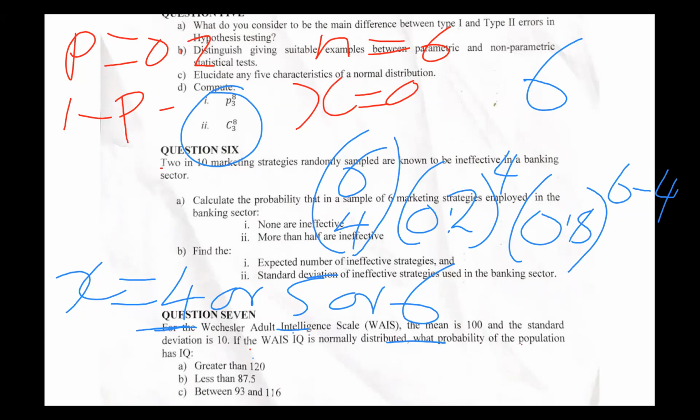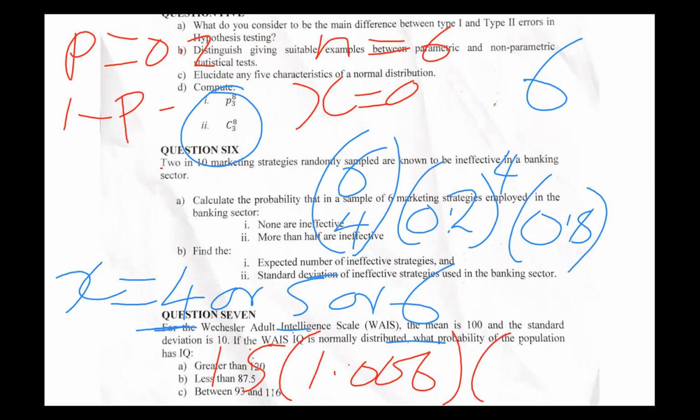What is 6 combinations of 4? 15. Times what is 0.2 to the power 4? Times what is 0.8 to the power, this should be 2, right? 6 minus 4 is 2. To the power 2.